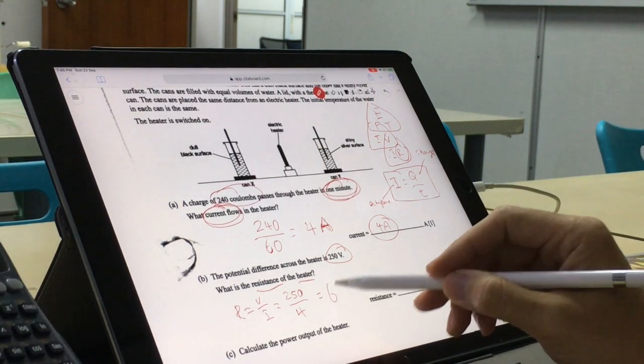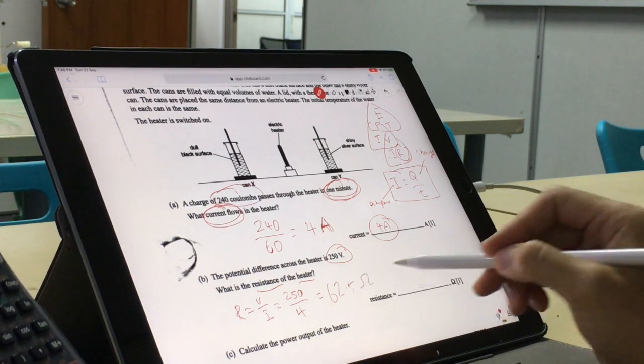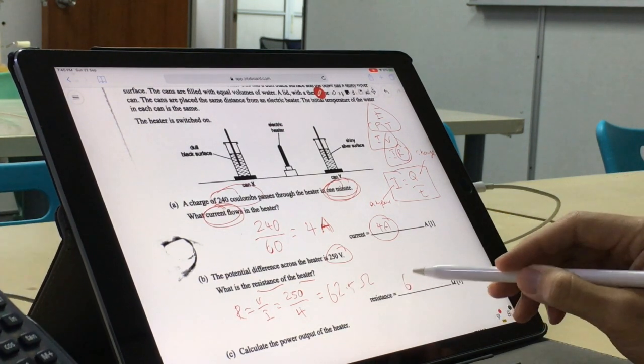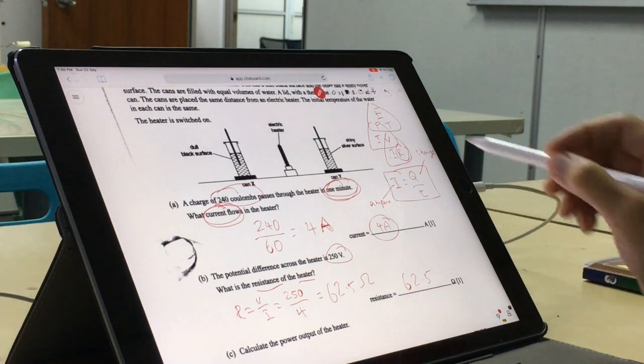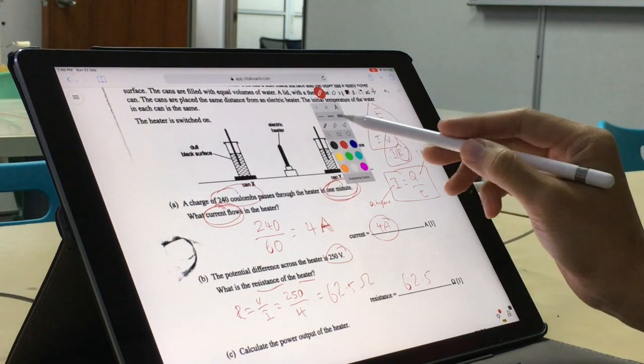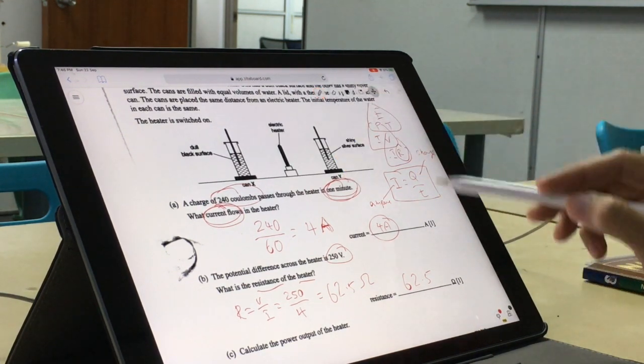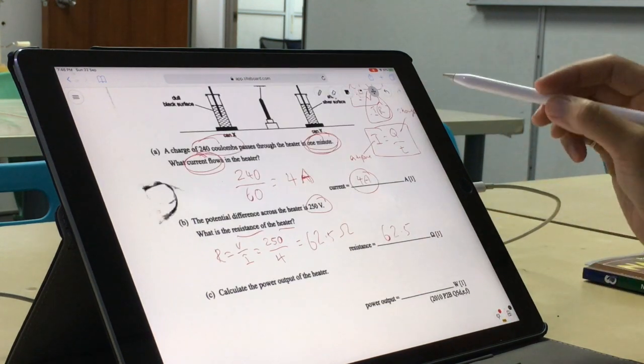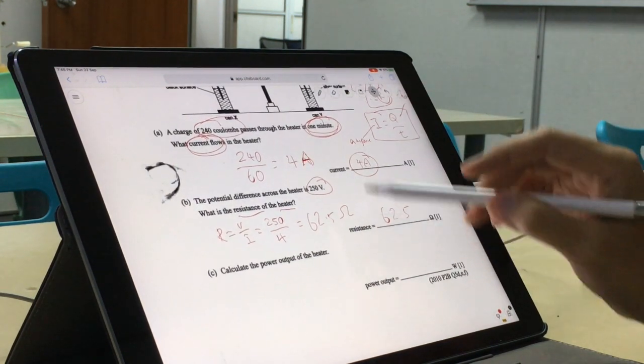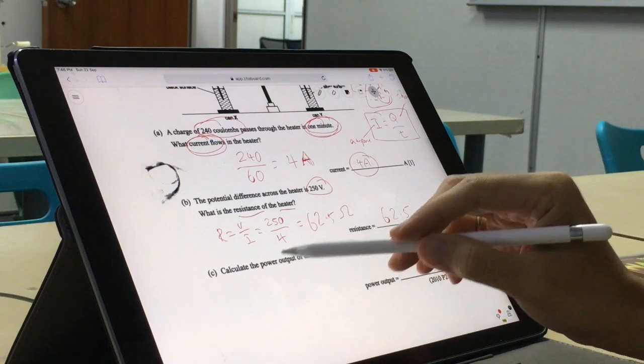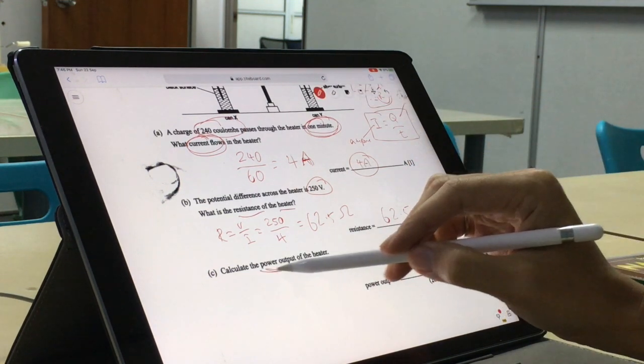So it's 62.5 ohm. Can you see how useful our formula is? You have to remember. If you don't remember, cannot. You see the next one, what's the power output? Now, offhand, can you remember the formula for power?